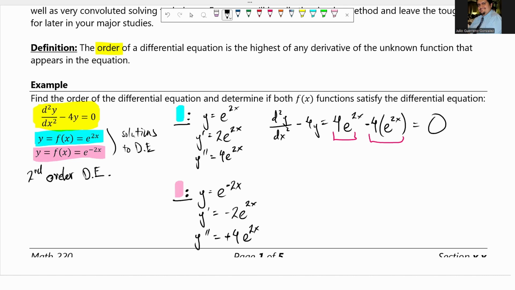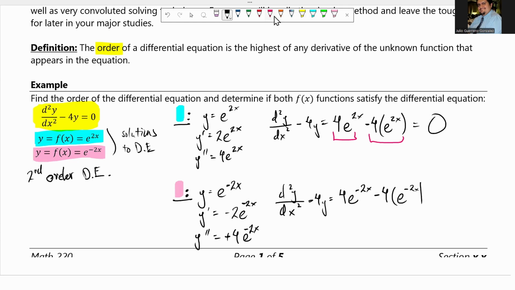Again, I'm going to plug it straight into the differential equation: d squared y over dx squared minus 4y. 4e to the minus 2x, minus 4 times the original, e to the minus 2x.